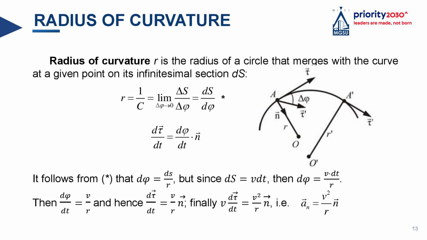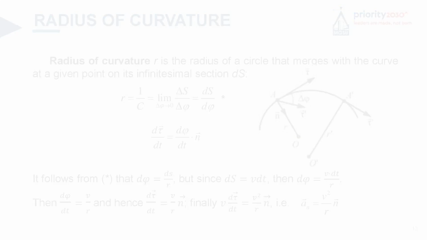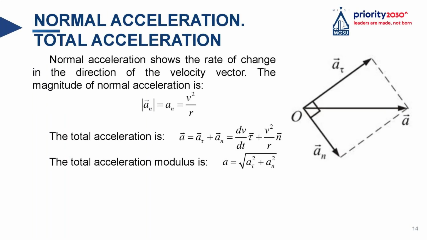Finally, v d tau over dt is equal to v square over R n. So it means the formula which you can find in the presentation slide. Normal acceleration shows the rate of change in the direction of the velocity vector. The magnitude of normal acceleration is the module of the vector acceleration, which you can find again in the slide.